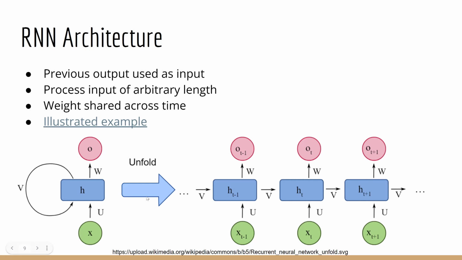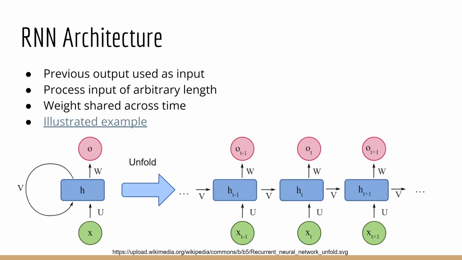And now that you have a loop, you're considering time in the computation as well. The weight that we talked about, an important parameter that you try to optimize, is shared across time. So that's where the time aspect comes from.